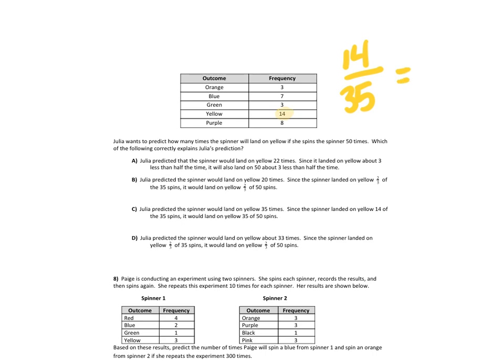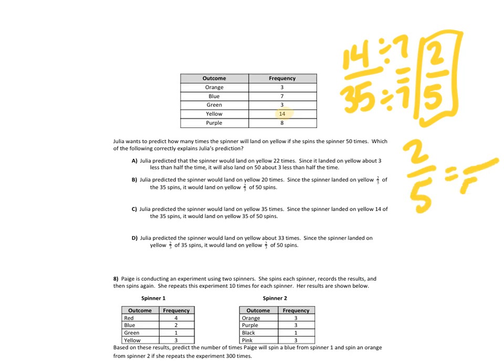If you reduce that, you divide by 7, you get 2/5. So 2/5 of the time we get yellow. So 2/5 out of 50 would be times 10, so 20 out of 50 times. Well, the only one that says that is answer choice B.